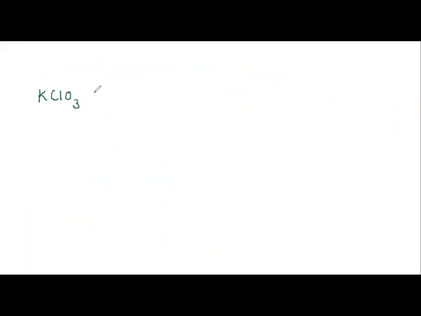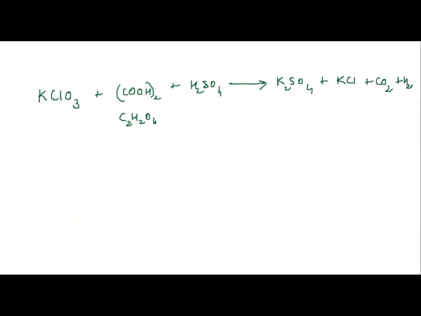KClO3 plus oxalic acid, I will write it as COOH twice, or you can write it as C2H2O4, plus sulfuric acid, H2SO4, gives K2SO4, potassium sulfate, plus KCl, potassium chloride, plus CO2 plus H2O.